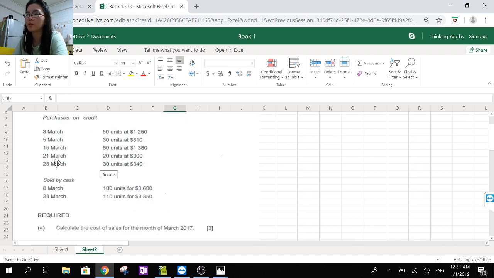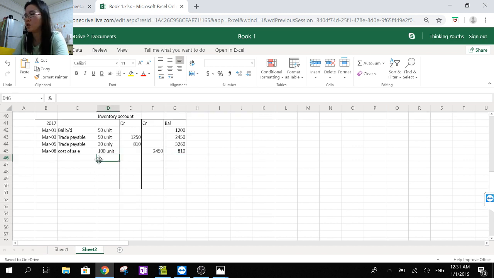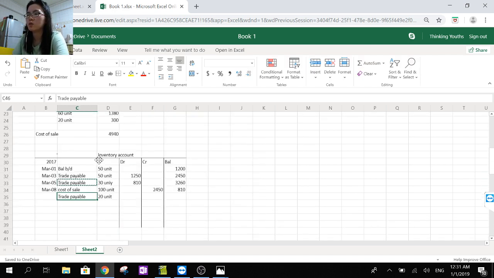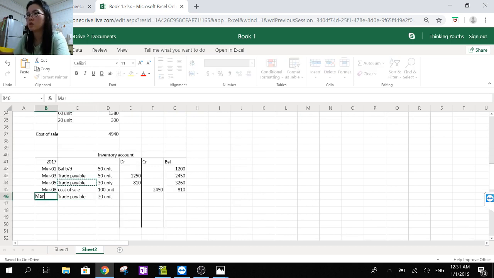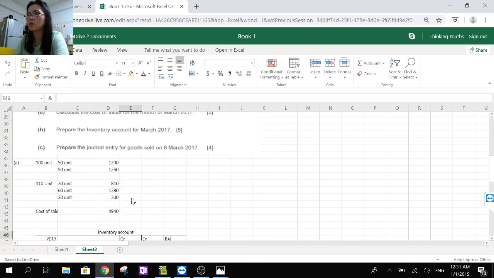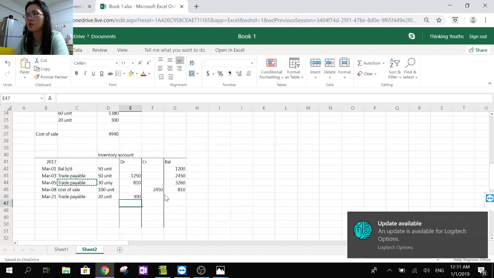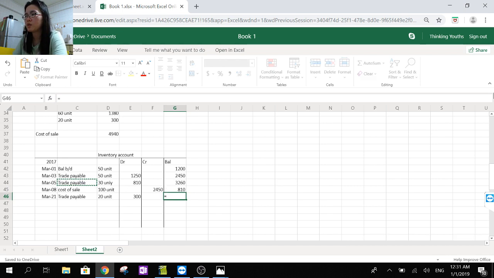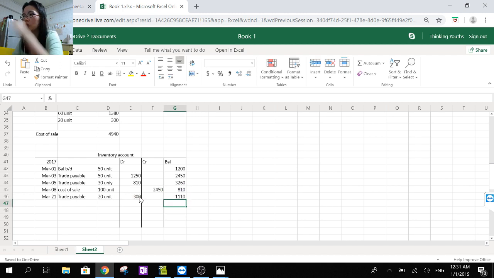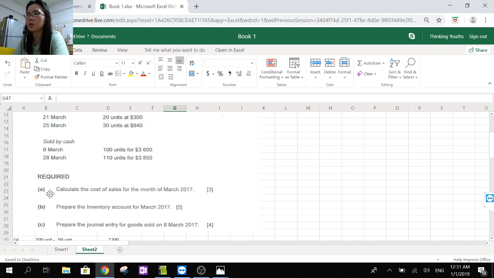Next one is on the 21st March, 20 units. So this time around is a purchase again. So this is 21st March, 300. So this is debit. So now you have to take the balance plus the new batch of stock that you purchased. Okay, so it's 1110.